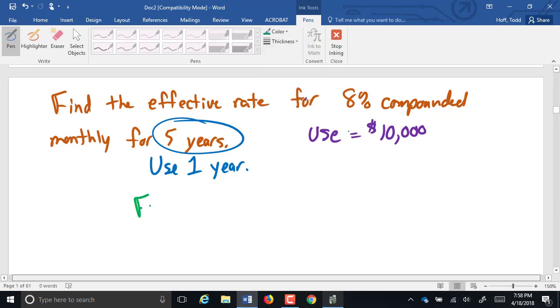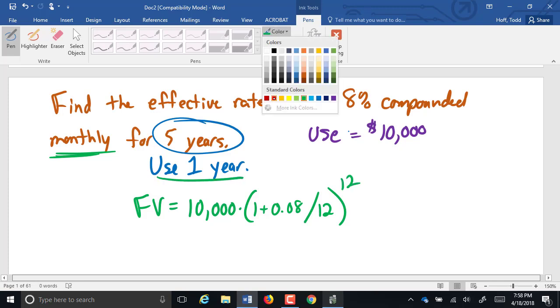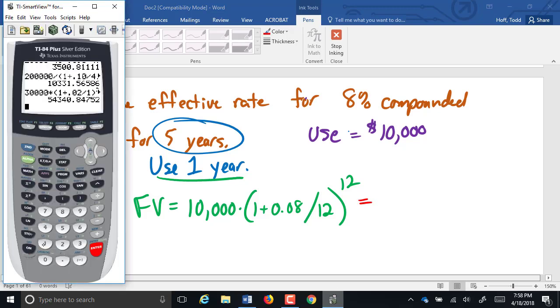So our future value would be that $10,000 times 1 plus 0.08 divided by 12, to the power of 12, which is 12 times 1 year. So 10,000 times parentheses 1 plus 0.08 divided by 12, close parentheses, to the power of 12.